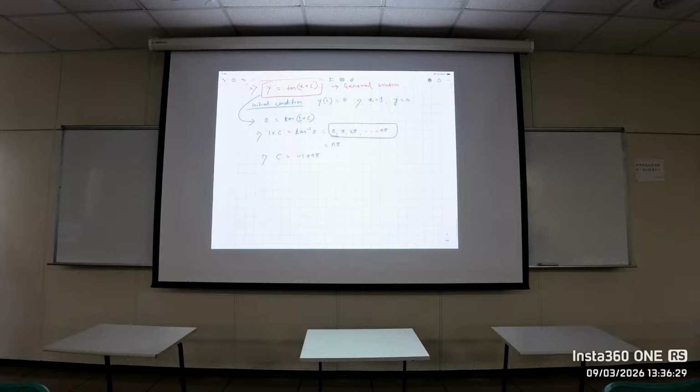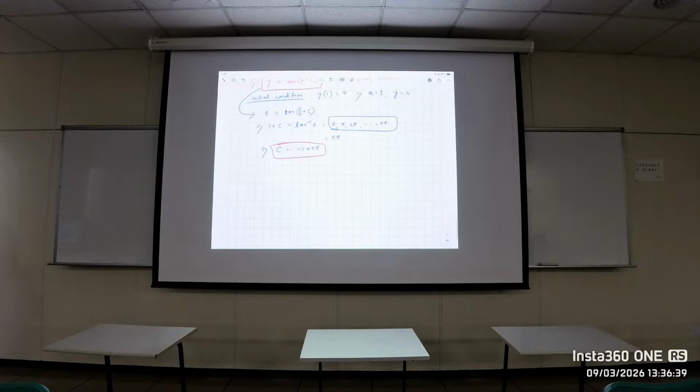Okay? If this is my c, then what is my particular solution? My particular solution is y is equal to tan x minus 1 plus n pi. Yes.